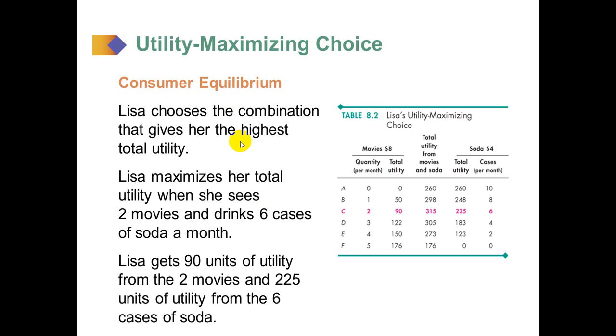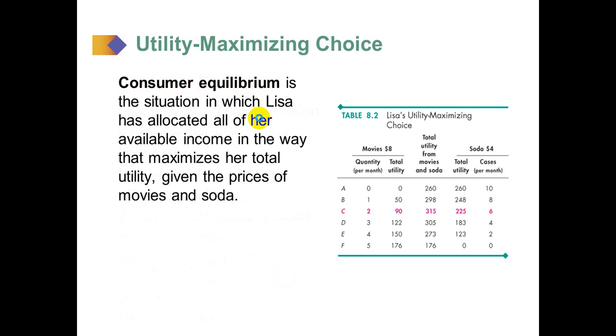Lisa gets 90 units of utility from the 2 movies and 225 units of utility from the 6 cases of soda. So she maximized her utility, and at the same time she pays not more than her income.